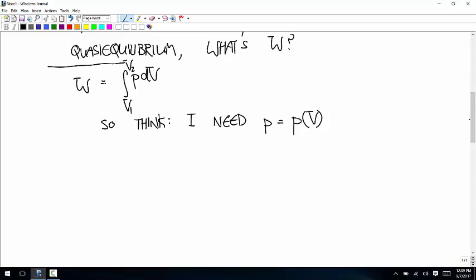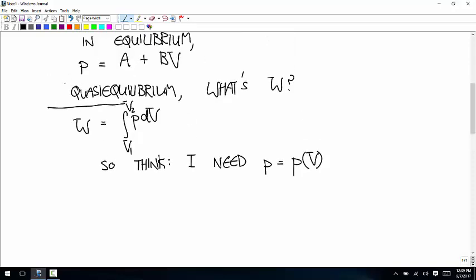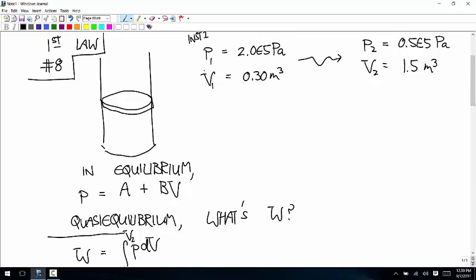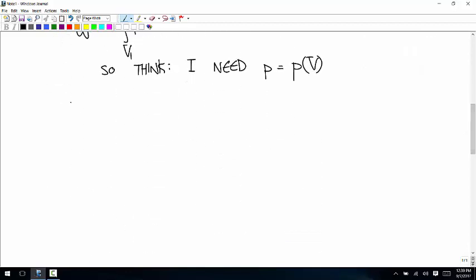Okay, so we have this linear relationship that happens because we're assuming quasi-equilibrium. And we have these two states. At instant 1, we know the pressure and volume. Instant 2, we know the pressure and volume. So we can set this up as at a volume of 0.3 meters cubed, the pressure is equal to 2.0 times 10 to the 5th pascals.